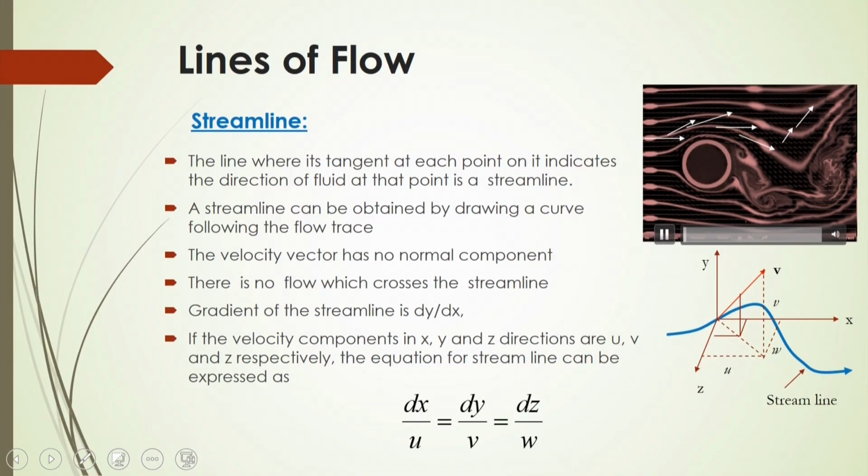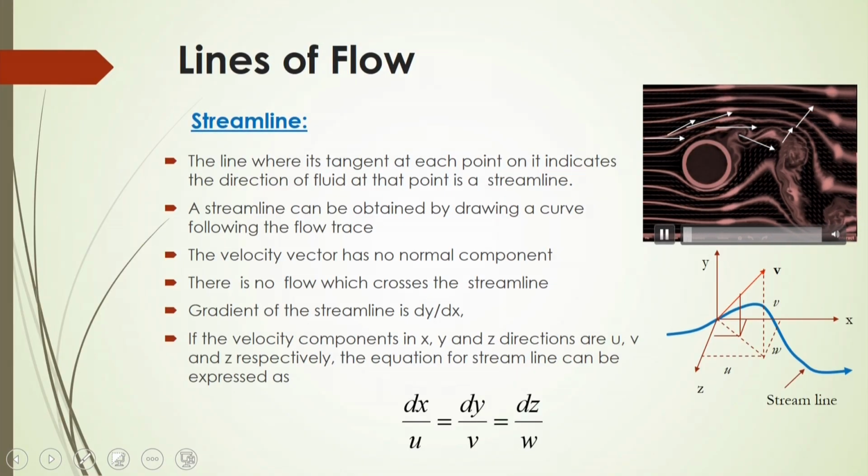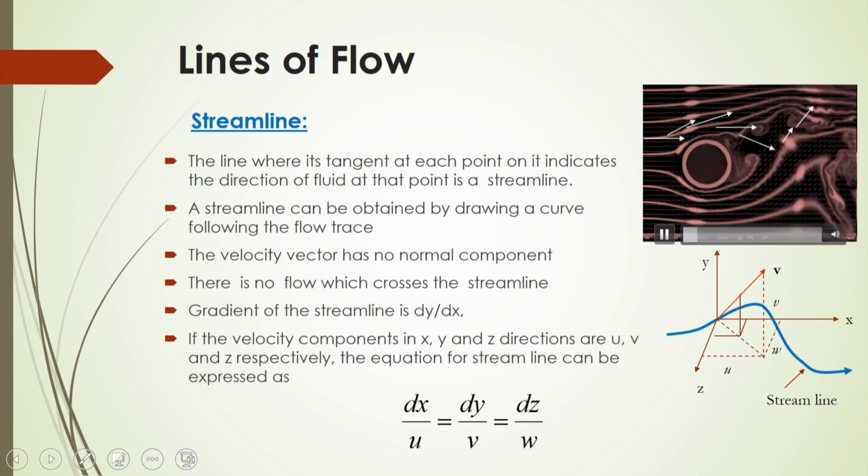Similarly, if we join those particles, it gives a line of fluid particles, which is represented by the streamline. The streamline is defined as the line whose tangent at any point on it indicates the direction of the fluid at that point.